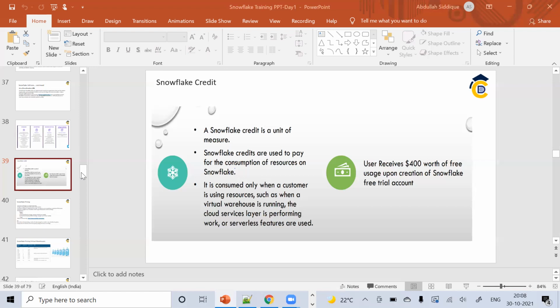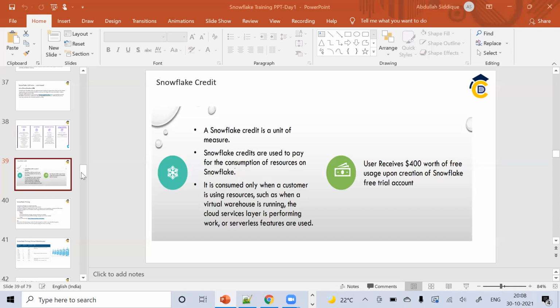And as of today, we know that Snowflake is a cloud data warehouse, and obviously behind the scenes, it is using cloud services for procuring your EC2 machines and S3 bucket for storage as far as AWS is concerned. So Snowflake comes with its own pricing model.